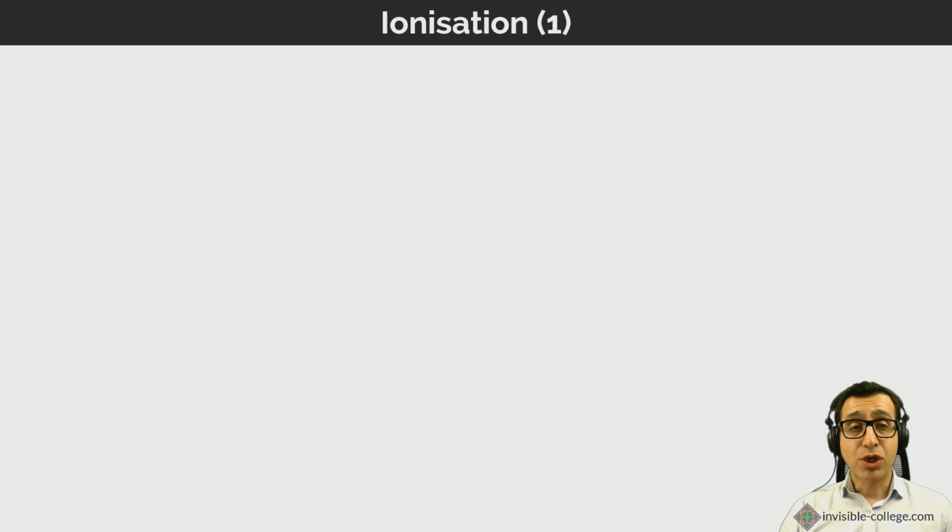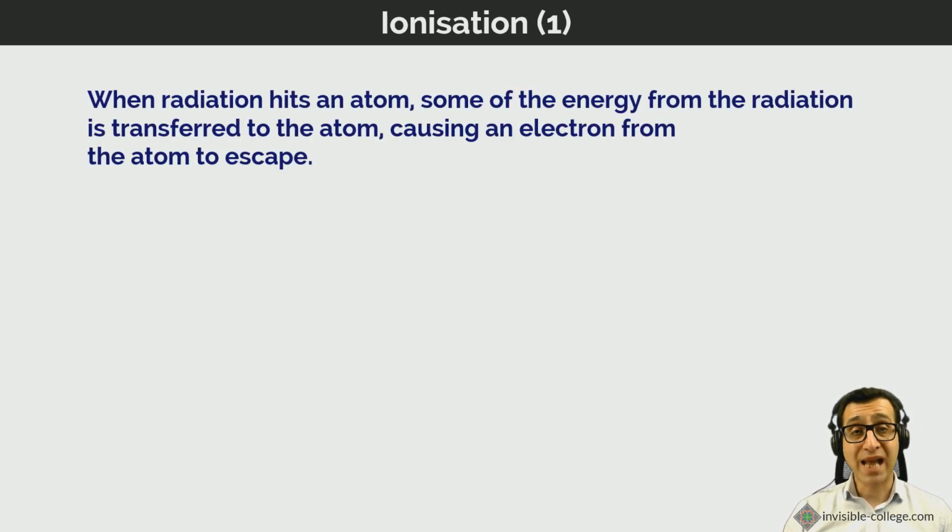So when radiation hits an atom, for example when an alpha particle or a beta particle strikes another atom, some of the energy from that radiation can be transferred to the atom that it hits, and this can cause an electron from the atom to be given sufficient energy to leave its energy level and escape from the atom.